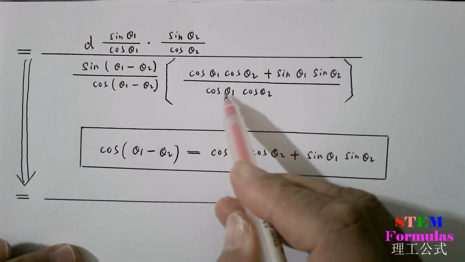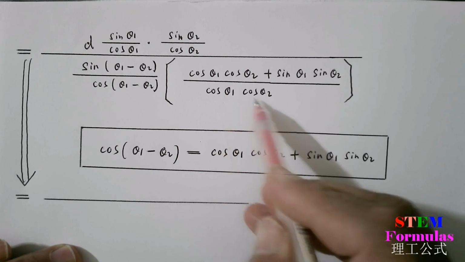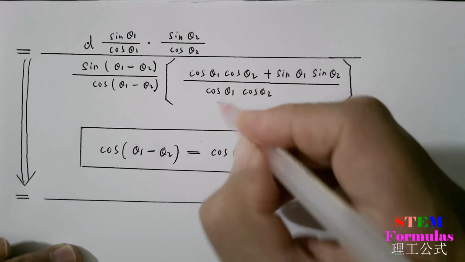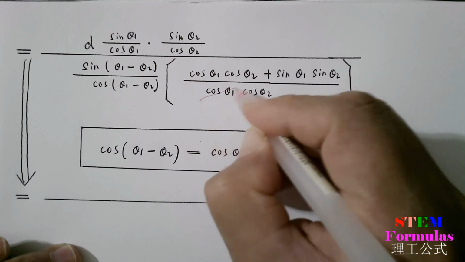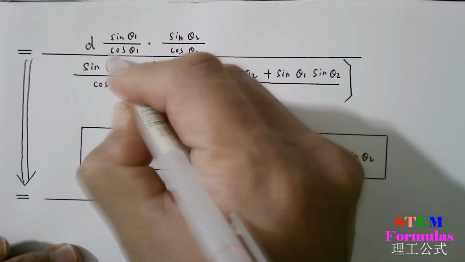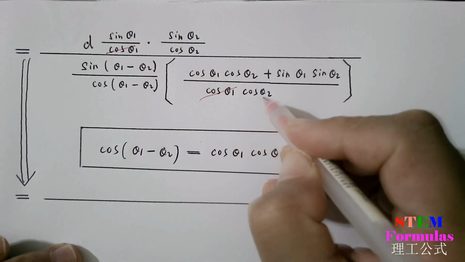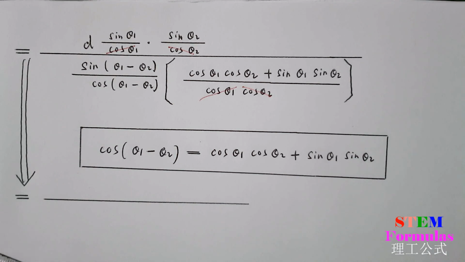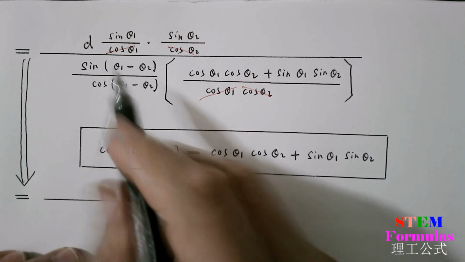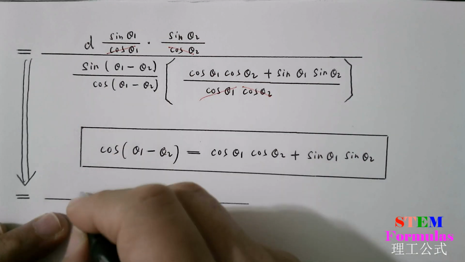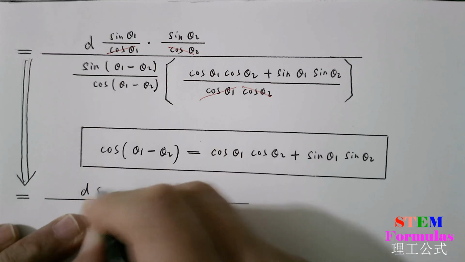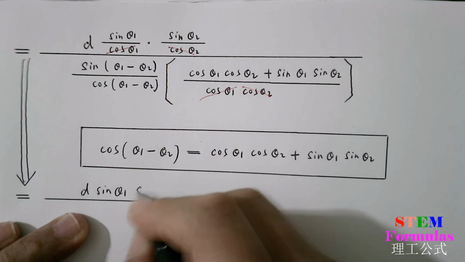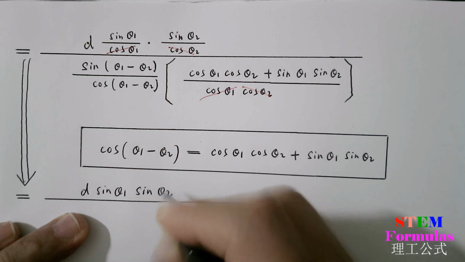So this term, cosine theta 1 cosine theta 2, cancels out with this one, cosine theta 2 cancels out with this one, and so on the top I have d sine theta 1 sine theta 2.